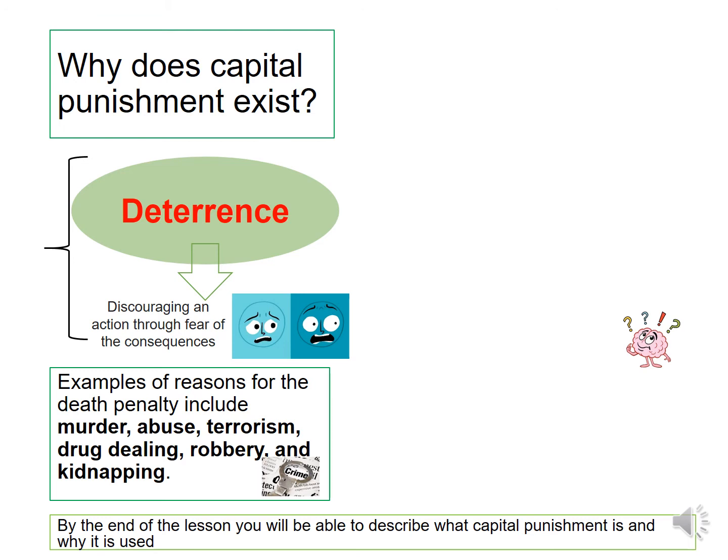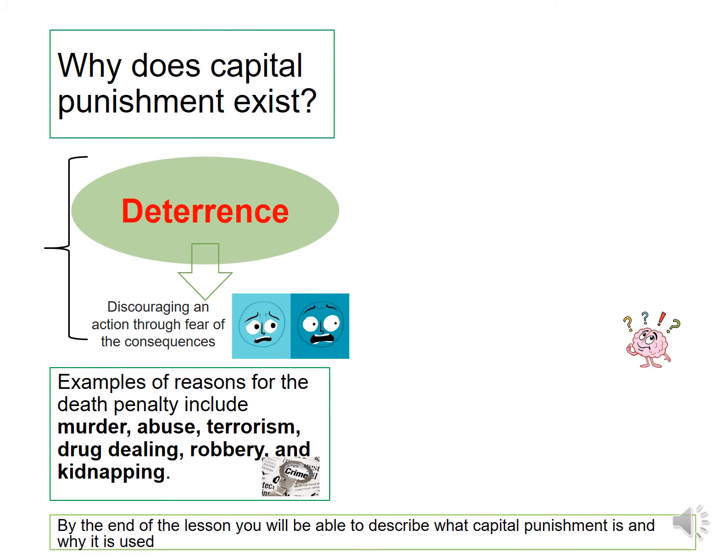So for example, if you have not handed in your homework and your punishment is getting a detention, other people might not want to get detention, so they do actually do the homework. So examples of why capital punishment exists is for things such as murder, abuse, terrorism, drug dealing, robbery and kidnapping.